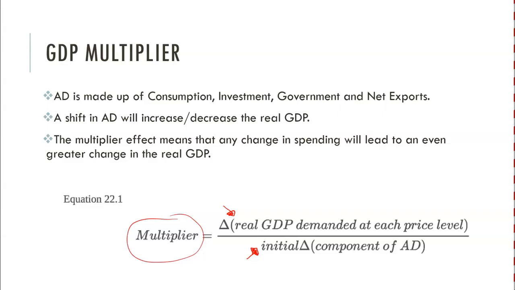One thing we want to remember too is that GDP represents production for an entire year. So we may have an initial change in aggregate demand, which is going to be some sort of one-time change or finite time period.